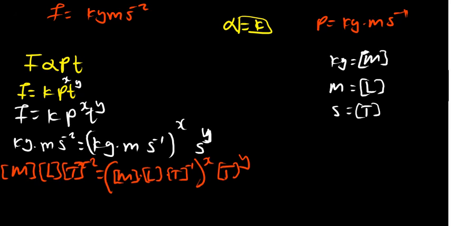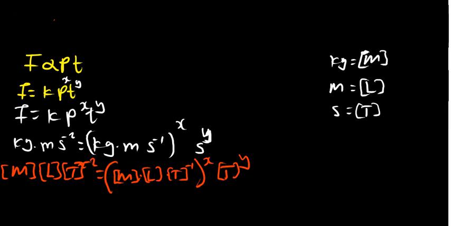Now from there we can distribute x. So we are going to have M, L, T, and this has to be equal to this M. Now I'm going to distribute it.